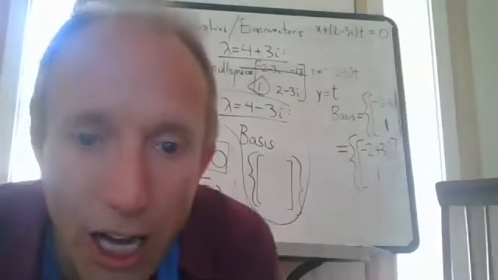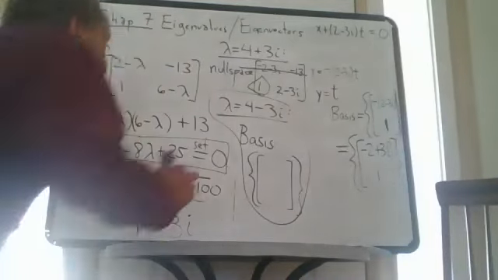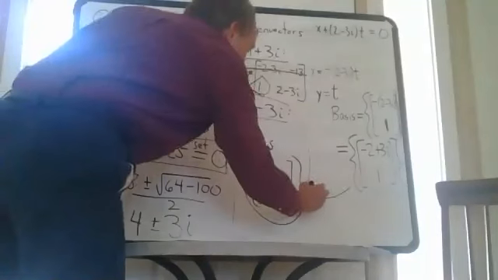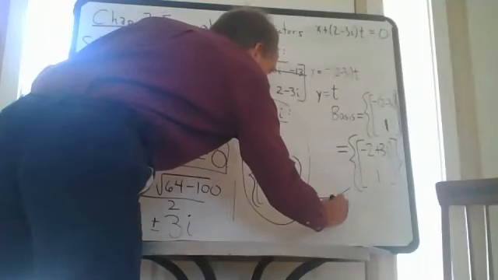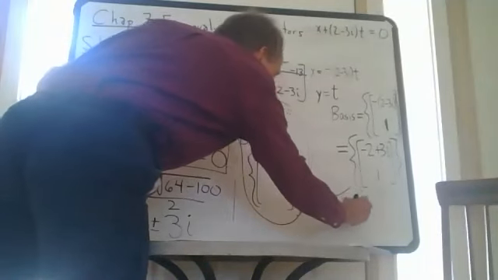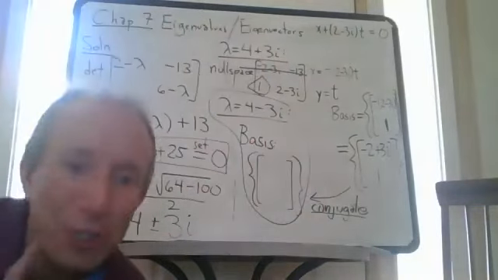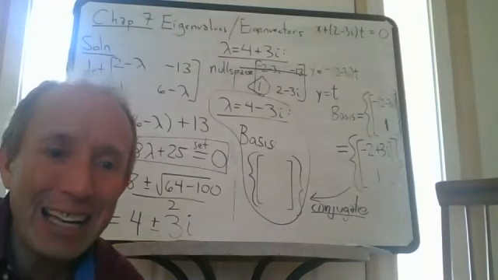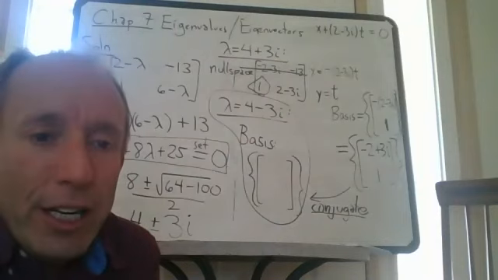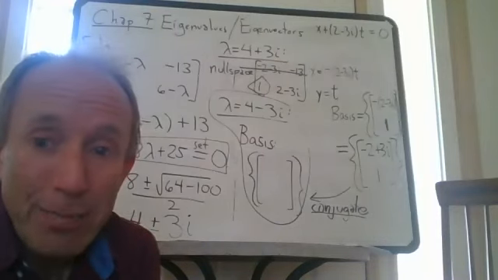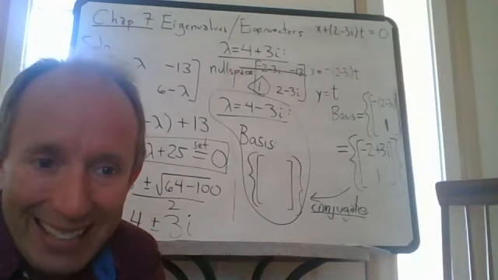We just conjugate. So all I'm going to do here is conjugate the first basis to write down the second basis. So the conjugate of 4 plus 3i is 4 minus 3i.